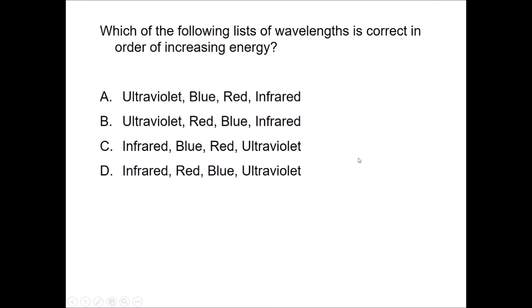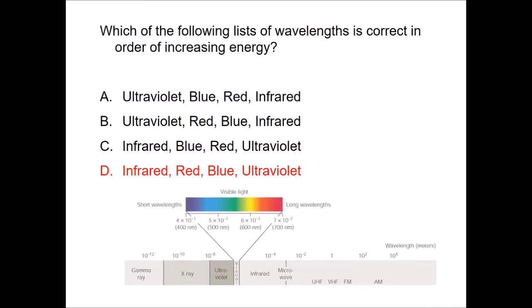All right. Let's talk about that same question here. Same lists, but we want to know what it is in order of increasing energy. So again, as you go down the list, the energy should be going up. Again, you may want to pause the video here to think about it, but the answer is D. It's the opposite order from the previous question, because of the inverse relationship.